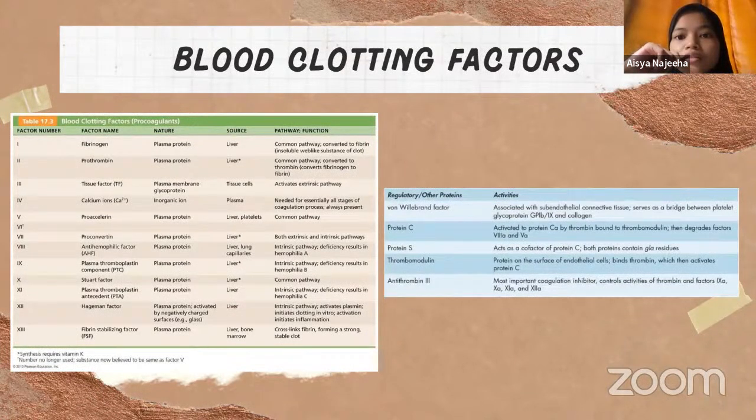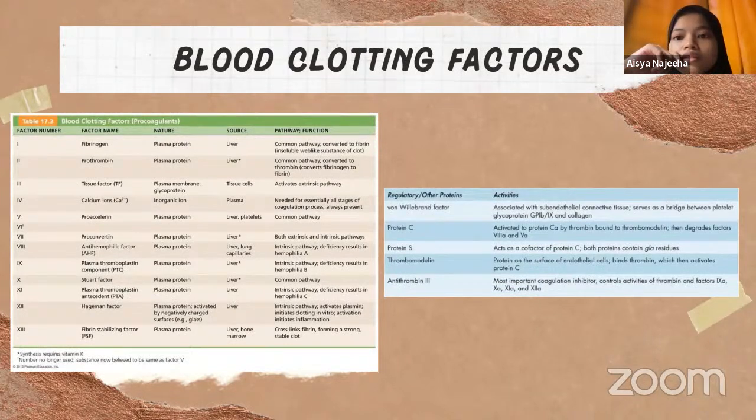Next is calcium ions. It is an inorganic ion, and it is from plasma. It is needed for every stage of the coagulation process, and it is always present throughout the process. The next one is proaccelerin.